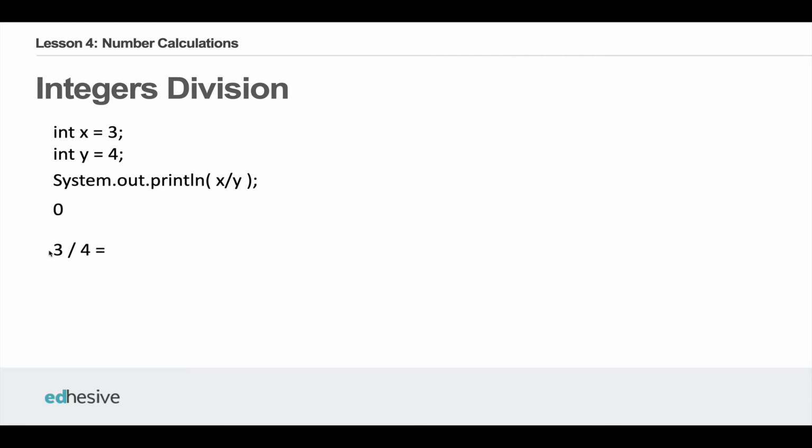Well, when Java divides 3 by 4, it does it correctly. It knows that 3 divided by 4 is 0.75. However, these two values are integers, so Java can only store this value of 0. And what it does is completely gets rid of anything after the decimal point.